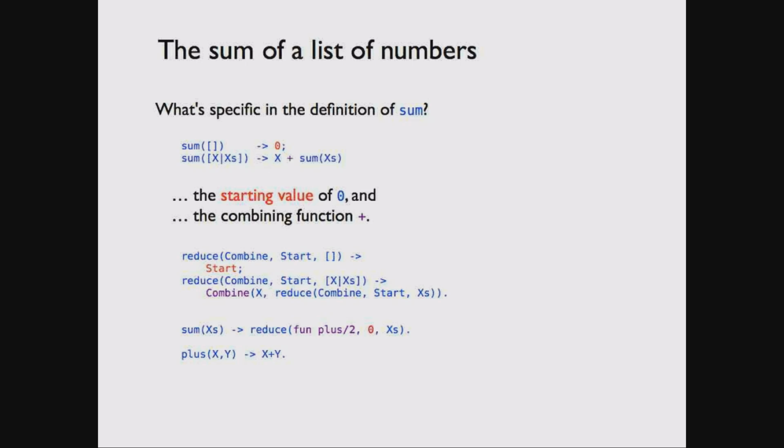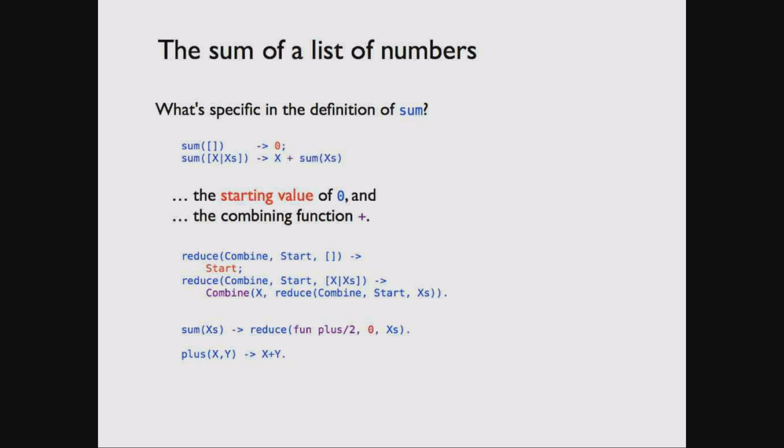And for an empty list, it just returns the start value. For a non-empty list, what does it do? Well, it combines the value at the head, x, with the result on the tail. And that is reduce applied to combine and start and x's. So that's precisely what was implicit there in that definition of sum.